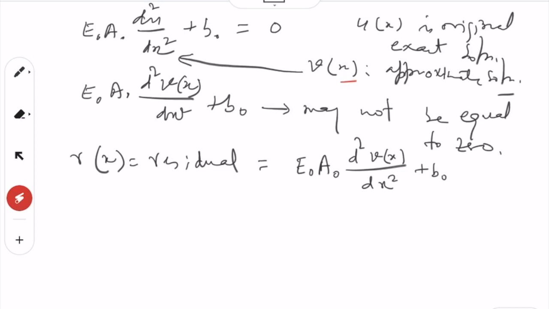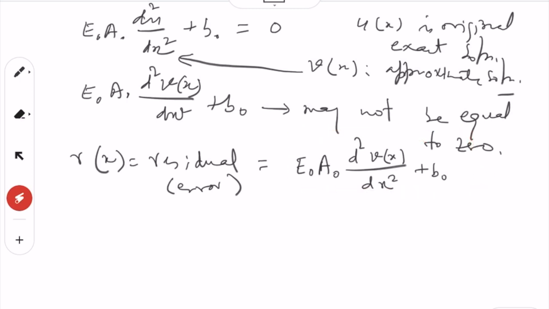If you put V(x) in the original equation, you may not have the differential equation becoming equal to 0, and that really means there will be some error, basically the residual.